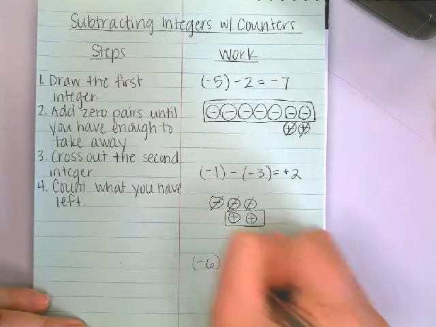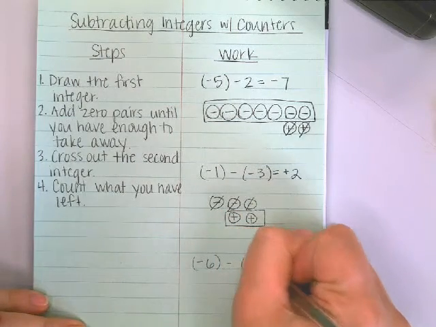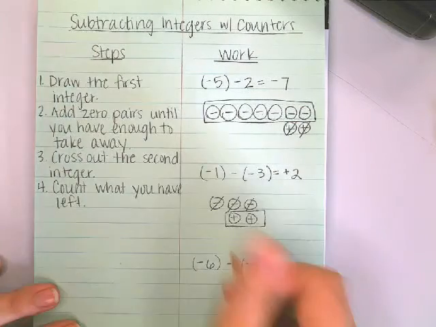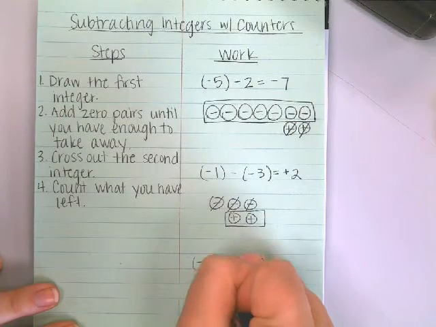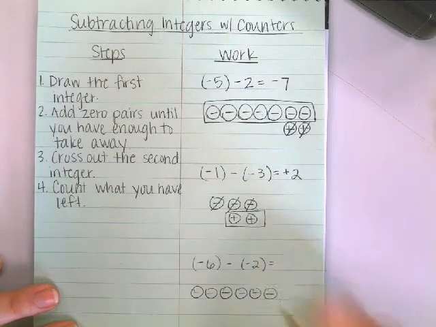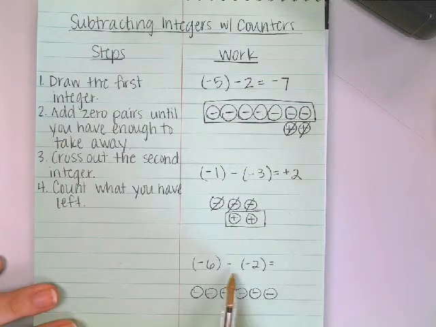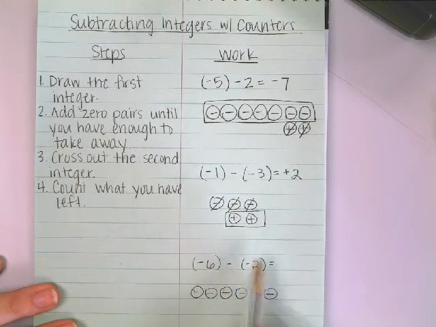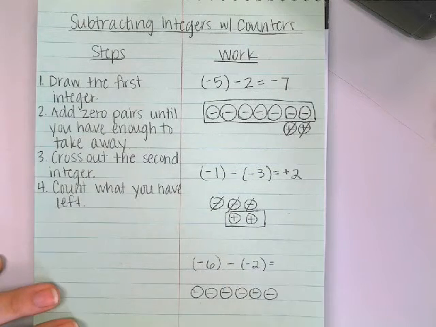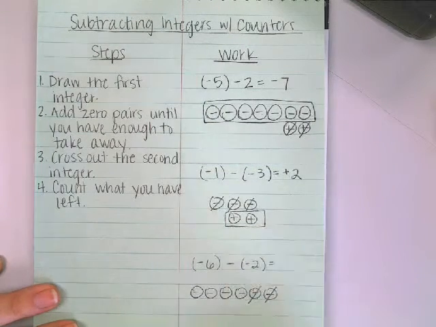Let's do a -6 minus a -2. So I start by drawing my 6 negatives. 1, 2, 3, 4, 5, 6. And then it says I need to take away or subtract 2 negatives.